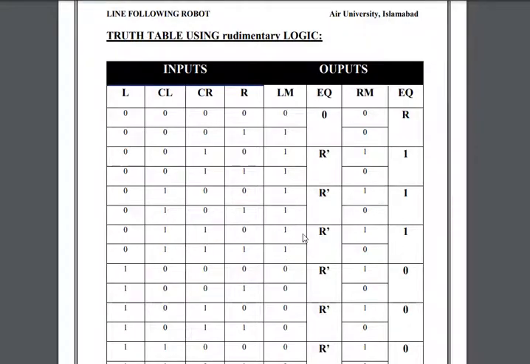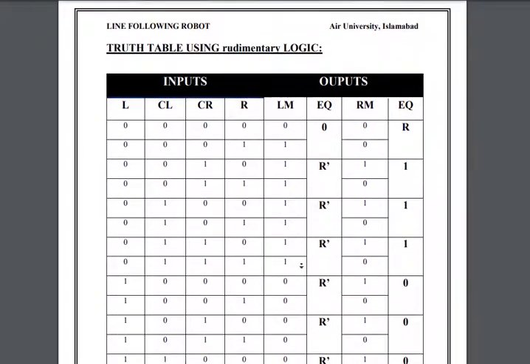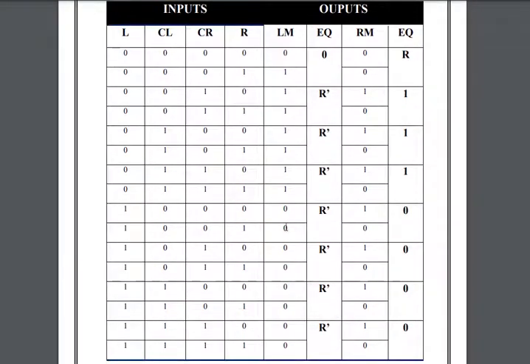Now the next, you can see down right here, we have a permanent 0, which is shown right here, again and again. So you can see that 16 of these outputs are reduced to 8 outputs. Now if we see for the right motor, the first combination is a permanent 0.